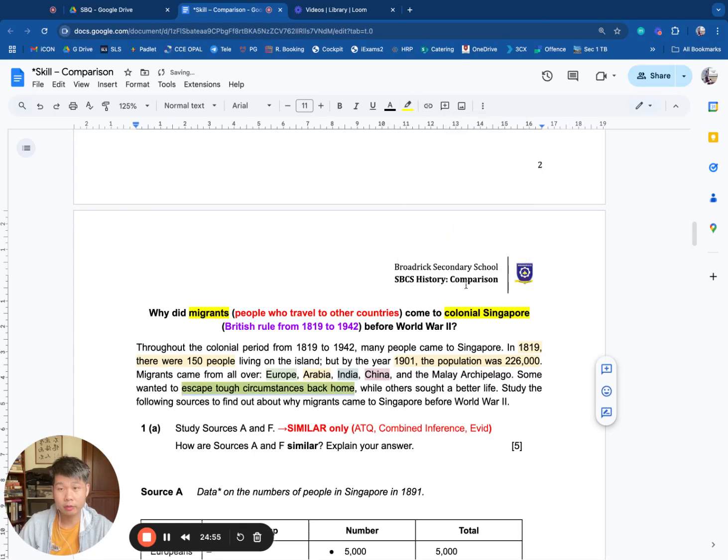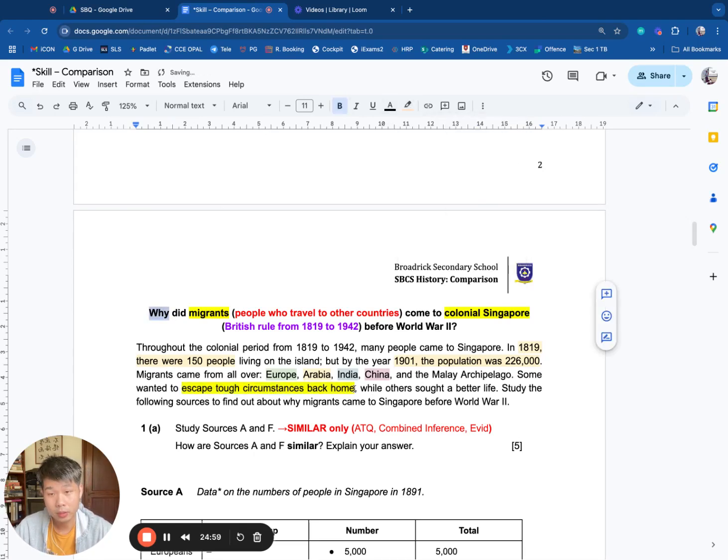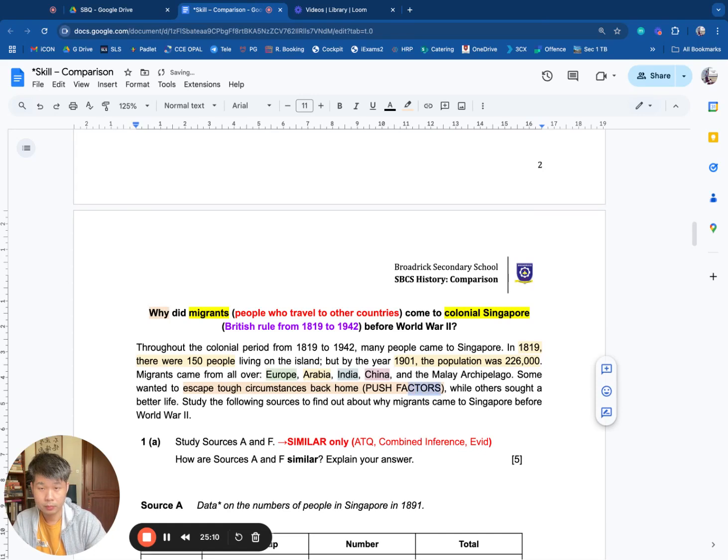So these are the reasons migrants come. That answers the question of why. Some wanted to escape tough circumstances back home. I'm teaching you a bit in advance here, but please write this down. This is what we would call push factors. Push factors mean that you're being pushed away from something. Why do you do something in push factors?